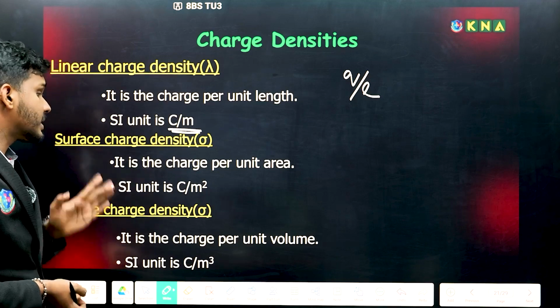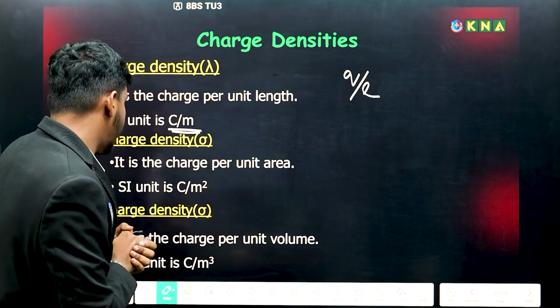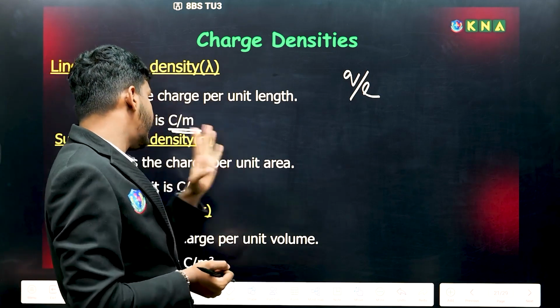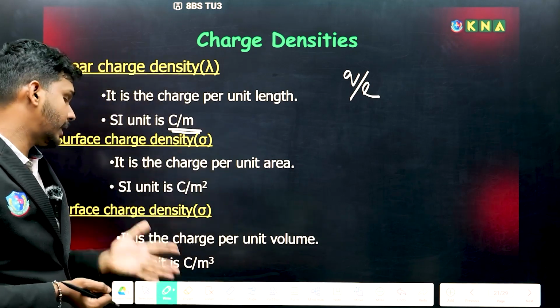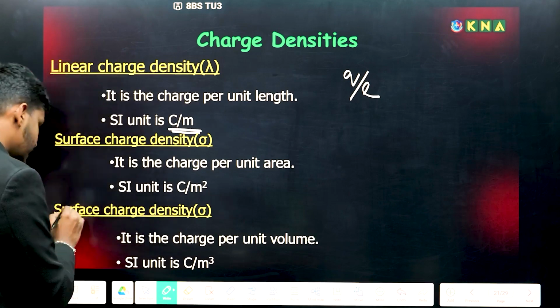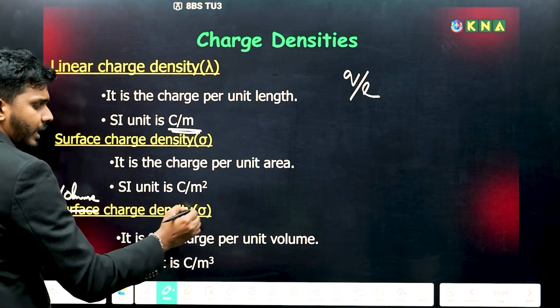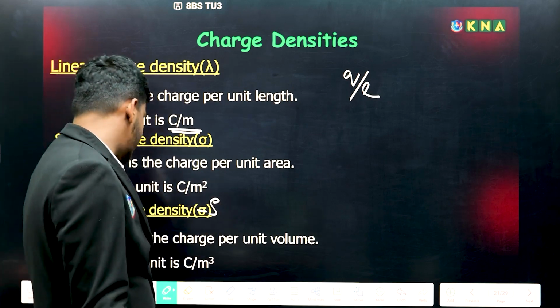What is the surface charge density? Charge per unit area is called surface charge density. Its SI unit is coulomb per meter square. Next one is volume charge density, rho.